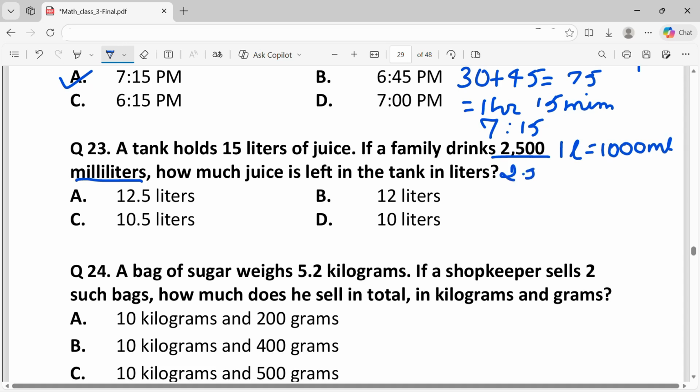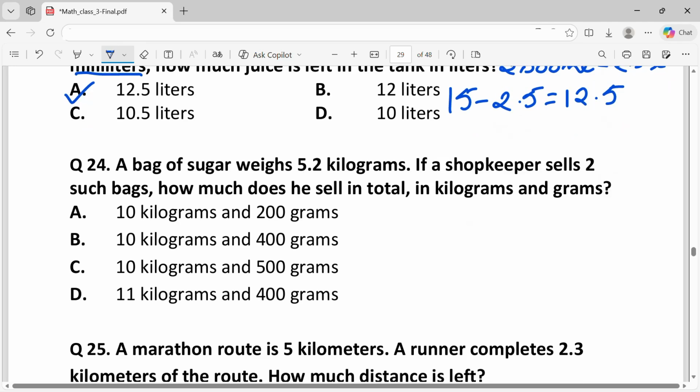So 2500 milliliters is equal to 2.5 liters. So the juice left in the tank will be 15 minus 2.5, that is equal to 12.5. That is option A, 12.5 liters.